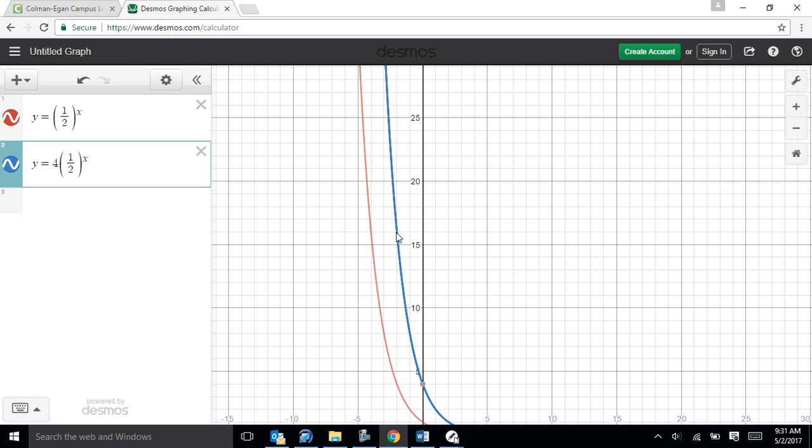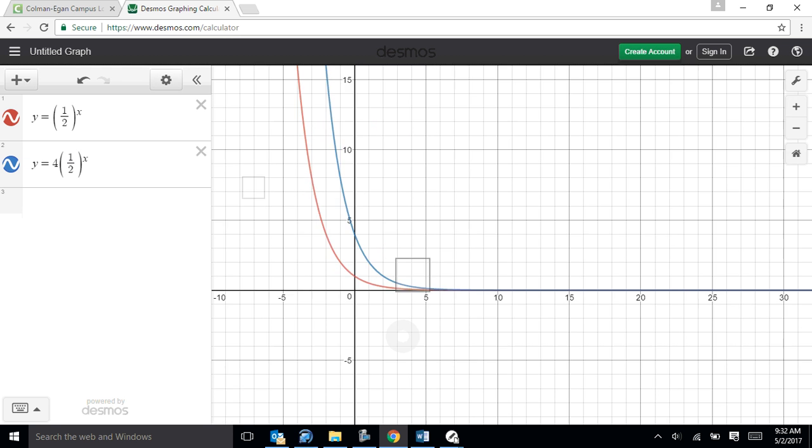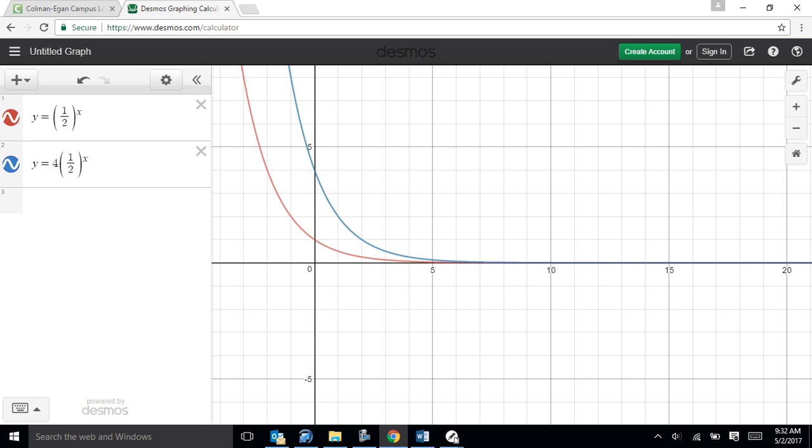So this multiplier in front, the 4, our a value, what is that doing to all of our output? It's multiplying it by 4. And if I go down here, it's going to be the same thing. Whatever our output is, we multiply it by 4 to get to the blue.